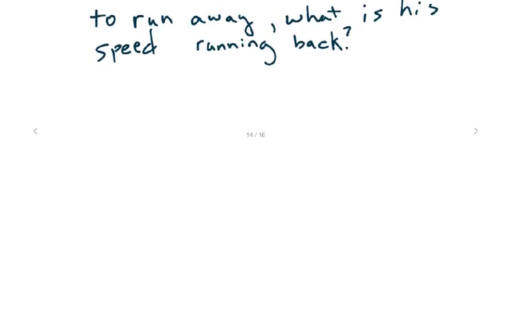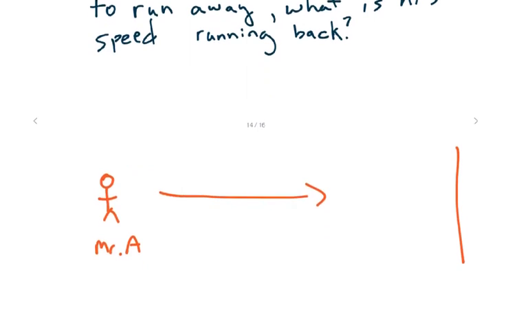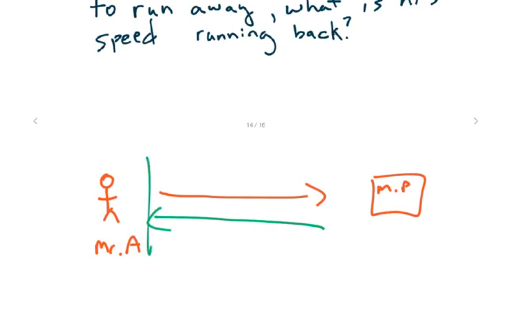So what we have here is Mr. Anderson, Mr. A. That's me. And here we have, what am I running towards? Math problems. We'll call it MP for math problems. The idea here is whether I'm running towards or away, this distance never changes, right?